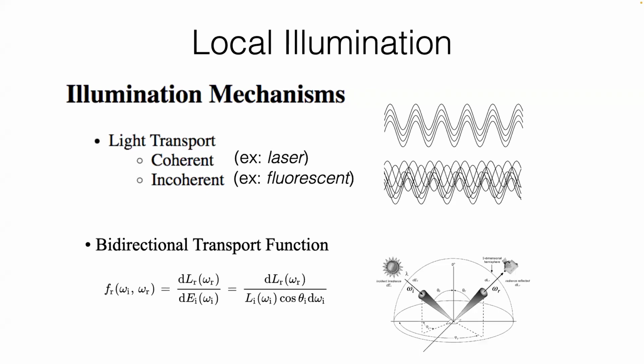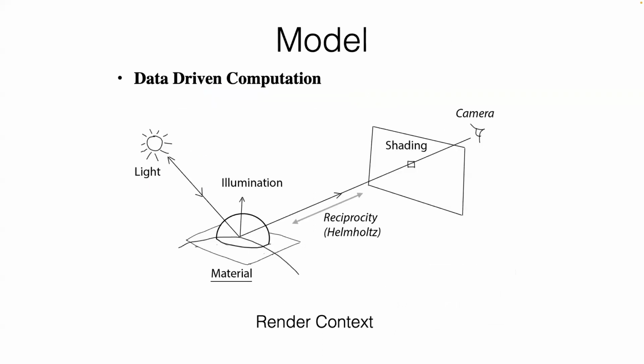We consider the illumination hemisphere, and this proportion of incoming light energy to outgoing light energy is defined by this function. Because we are studying inside this illumination hemisphere, we have to consider the differential of angle, and here we put this cosine term when we integrate over the illumination hemisphere. All this gives a model for the light propagation and transmission.